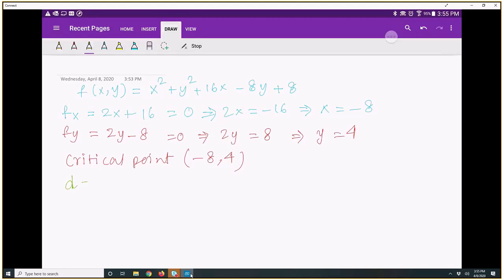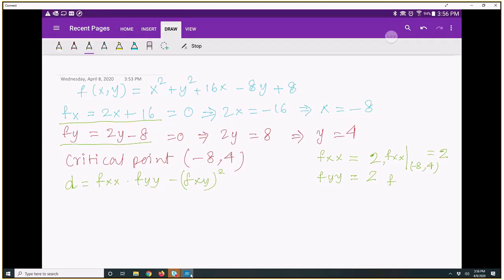So D, if I remind you the term, is f x x times f y y minus f x y whole to the power 2. And all of these terms will be evaluated at this critical point. So let's find f x x. f x x is the derivative of f x, and when I do the derivative with respect to x, I get 2. f y y is the derivative of f y and you get 2. So I actually do not have to evaluate, if I do f x x at the critical point negative 8 comma 4, I still get 2. 2 is a constant function, so it doesn't change anything.